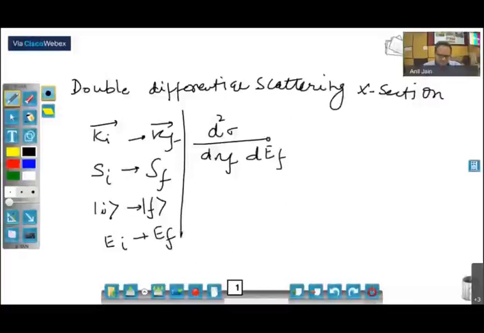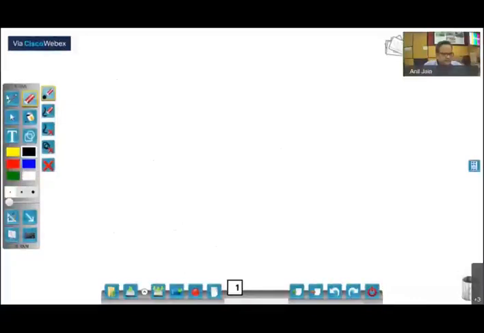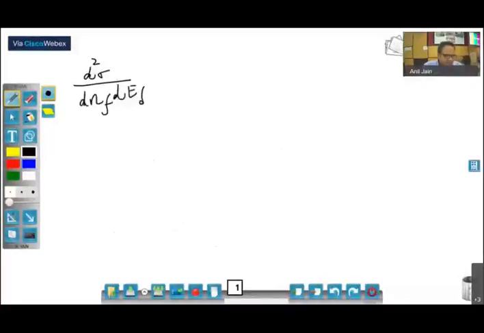So these are the scattering variables we have, and this double differential scattering cross section, where the neutron changes its spin from Si to Sf, is given by kf over ki, sum over the initial and final states.